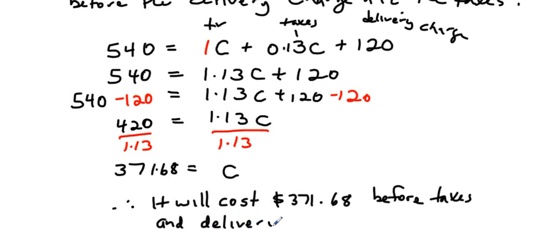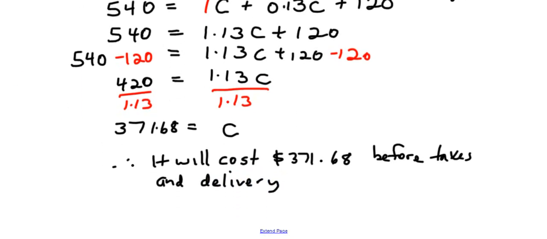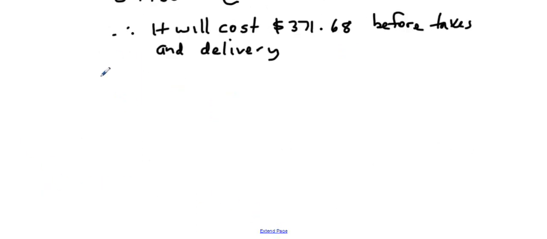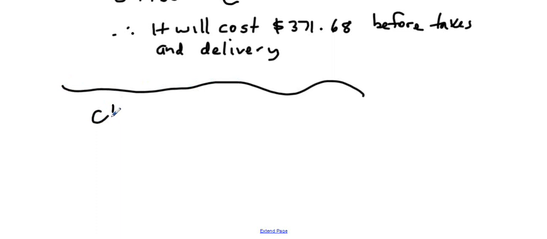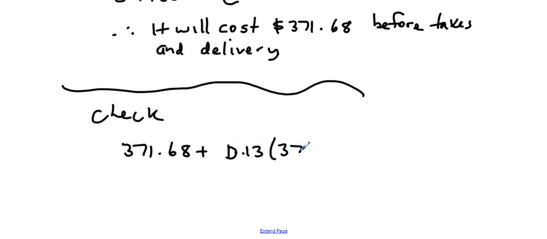And we can see if that's correct then by adding on the delivery and adding on the tax. So let's just check. So $371.68 plus 0.13 times $371.68 plus 120 should equal $540.